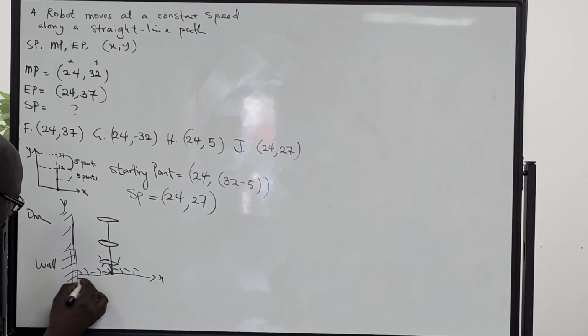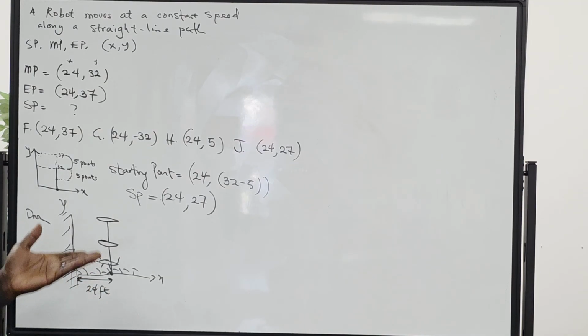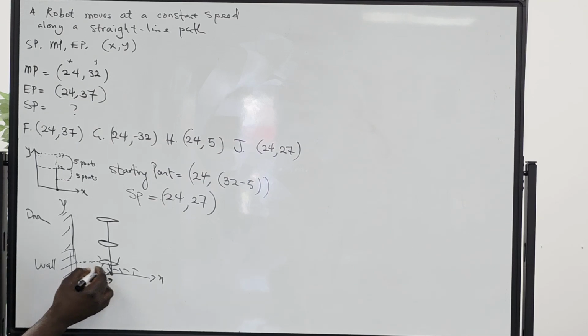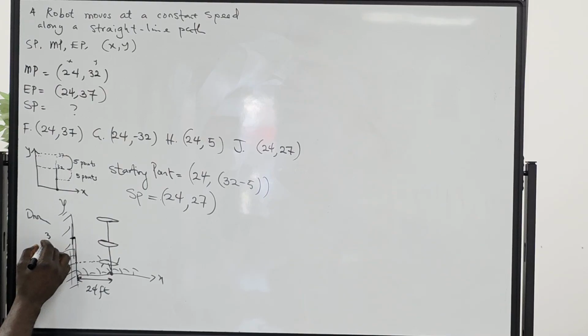If you measure from here, it could give you about 24 feet, right? 24 feet. And then you measure from here to here. Let's say we don't know for right now. But when the drone went up all the way from here, and you measure up to here, it was 32.